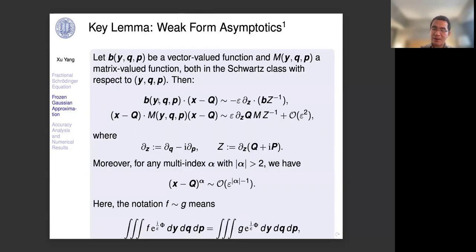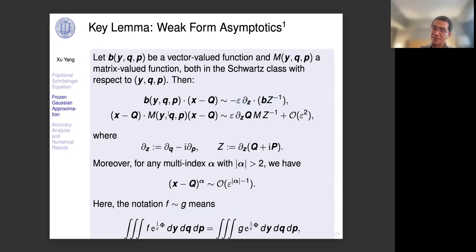However, when you do the integration by parts, the first order, the epsilon to the power of half, will be cancelled. And instead, you have an epsilon term. So x minus q in the integration sense will be at the order of epsilon.